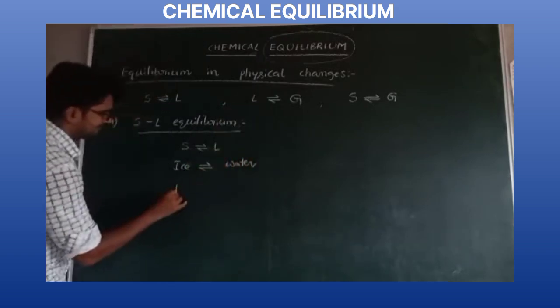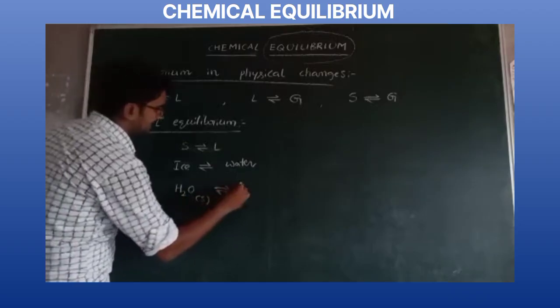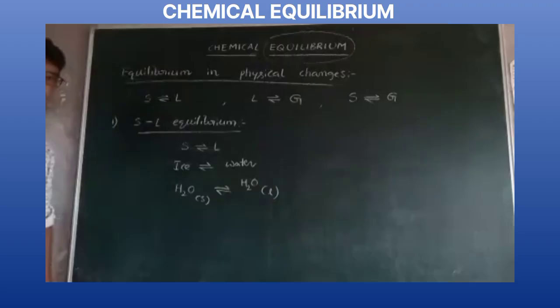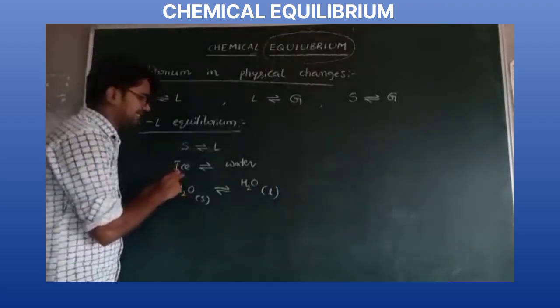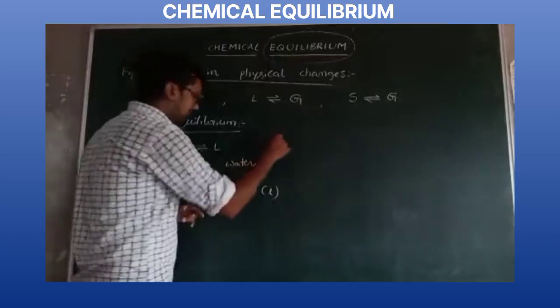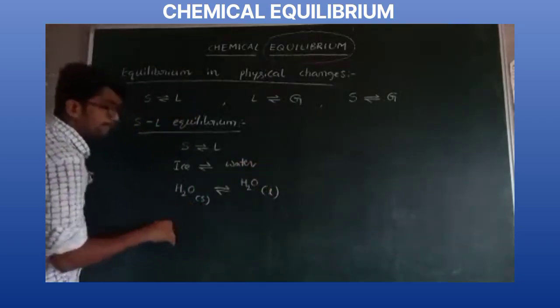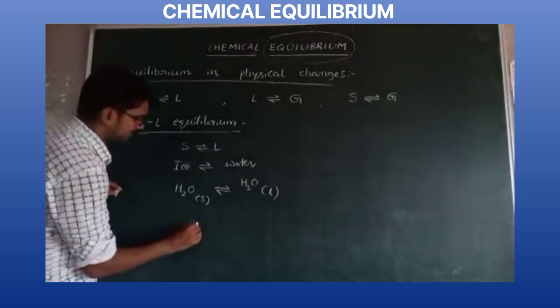This is also written like this: H2O in solid state and H2O in liquid state. H2O in solid state, ice, is converted to liquid. What is the process? Melting point, that is called melting point.